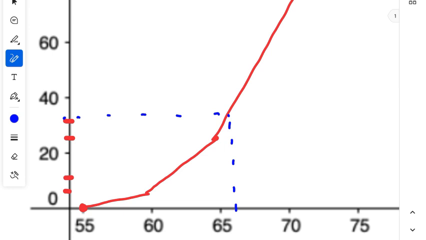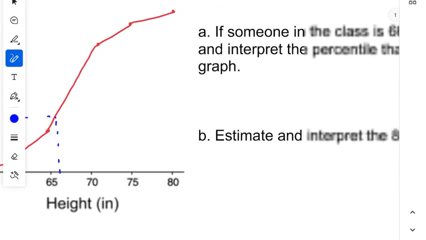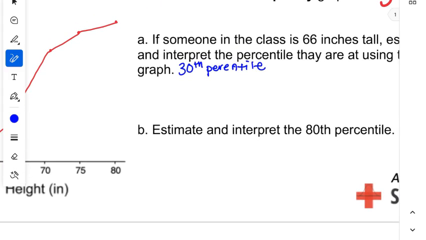So as long as you're close, it's kind of between 30 and 40, I would say. So let's write that. So it's the 30th percentile. So that's the answer, but we've got to interpret it also.